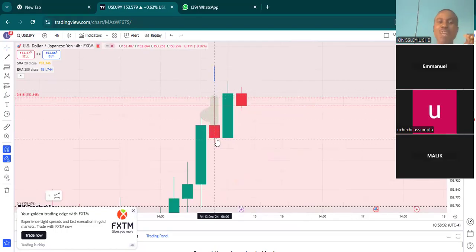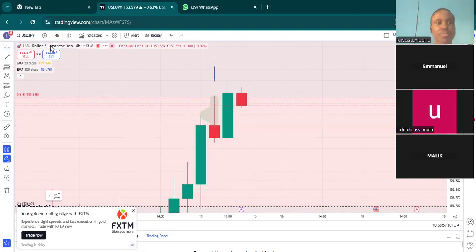We must make sure that the wick below is not longer than the one on top. It's also very, very important. We need to make sure the wick above is not shorter than the one below. The one on top must always be longer than the one below. So that's the first step. We need to see a longer wick on top and a bearish body.